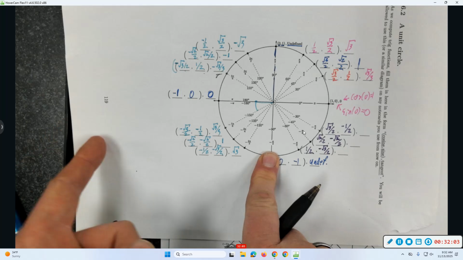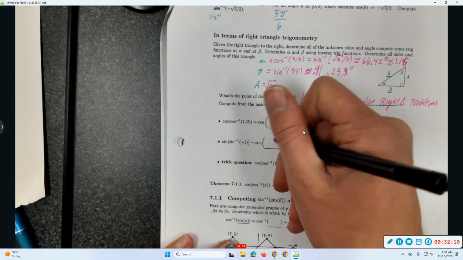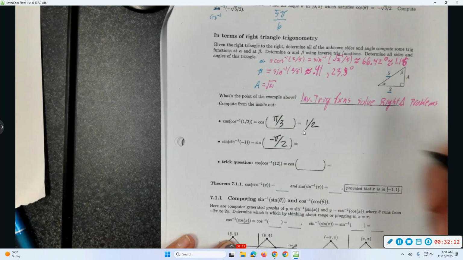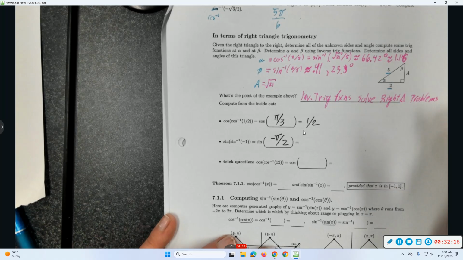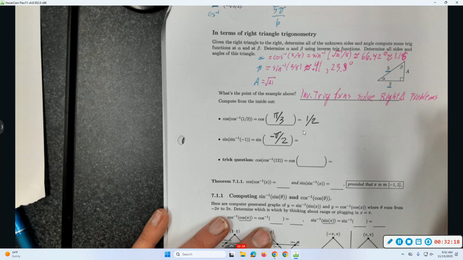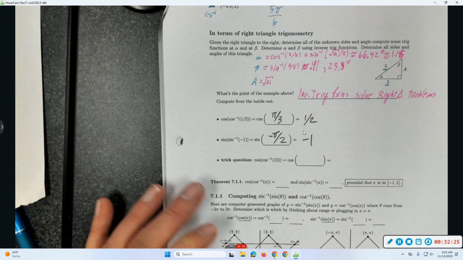So I can't use 3 pi over 2 because that's not between negative pi over 2 and pi over 2. What angle should I use? Negative pi over 2. That subtlety doesn't affect the end result, because you got that negative pi over 2 by asking when y is equal to -1. So what's the sine of negative pi over 2? -1. Because that's how you got that angle.